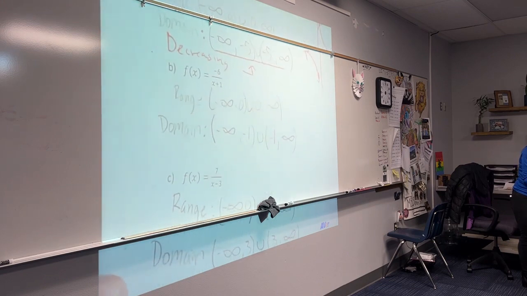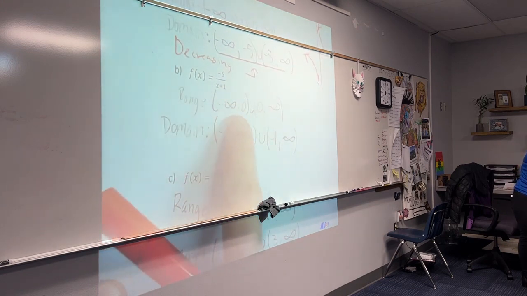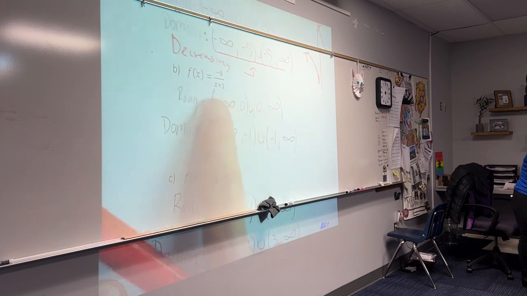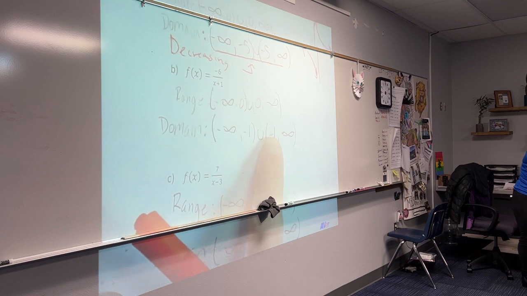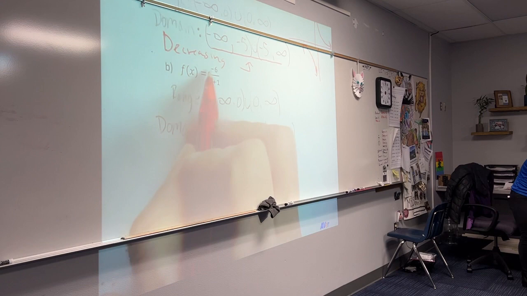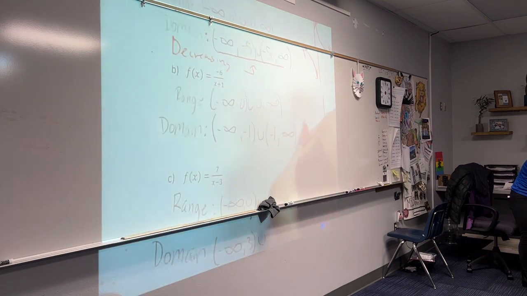All right, the next one, like I said, the range should always be from -infinity to 0, 0 to infinity. We cannot have -1, which is why for the domain, we're restricting to -1. And is this an increasing or decreasing? It is increasing because this one's the negative. So if this is the negative, you're gonna actually have this graph like that.